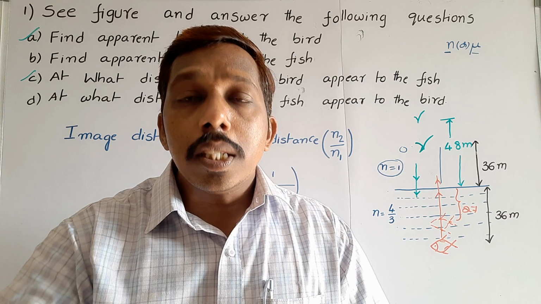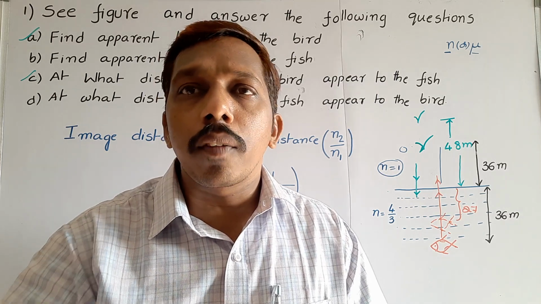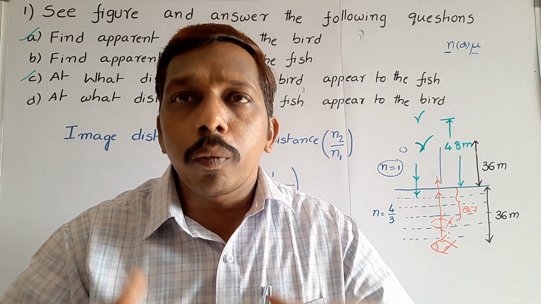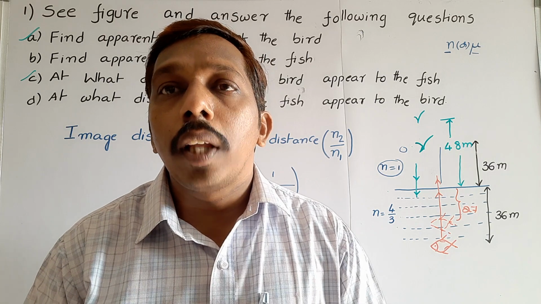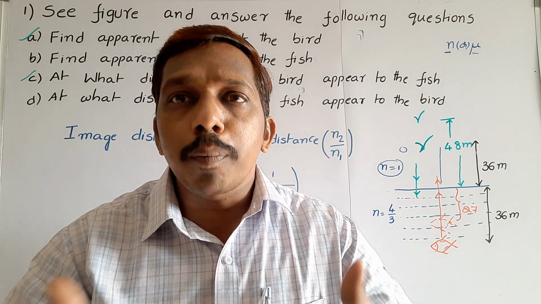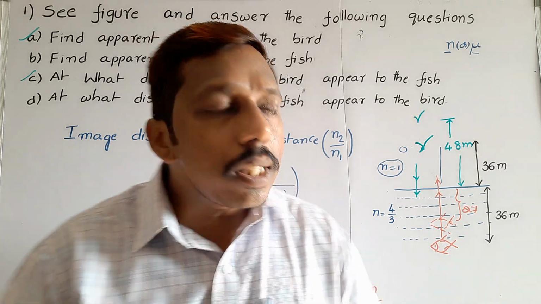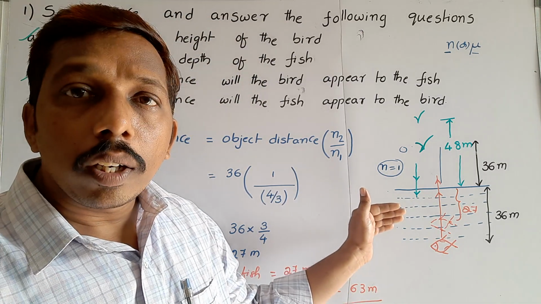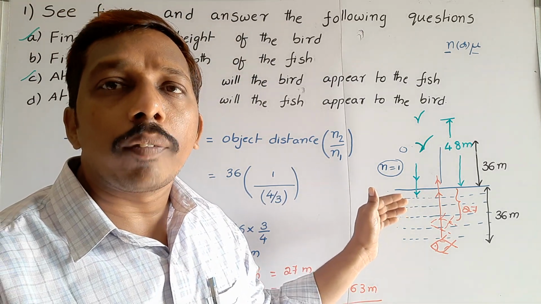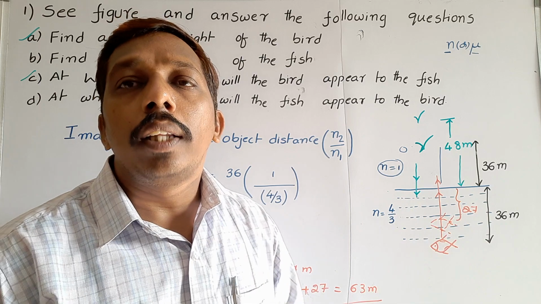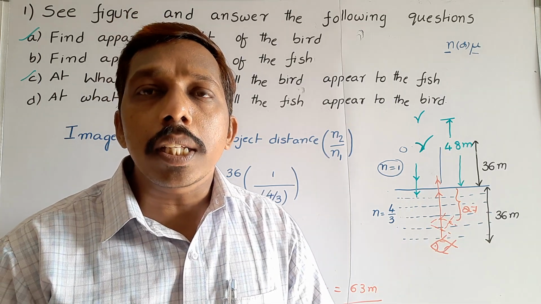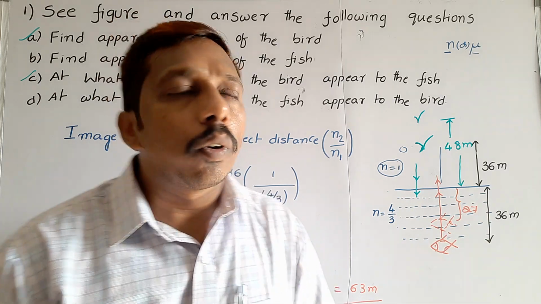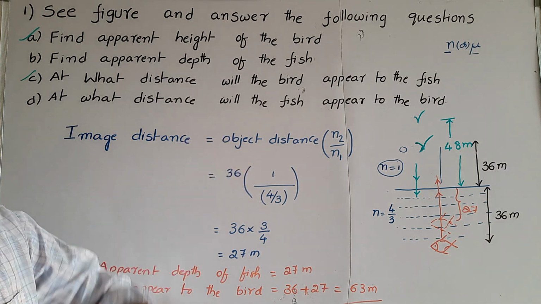But suppose in between you and the refrigerator, you fill this gap with water. Then what happens? That refrigerator will appear closer. In the same way, here the observer observes the object from another medium, then its distance may increase or may decrease. So by using this formula, we can calculate that.